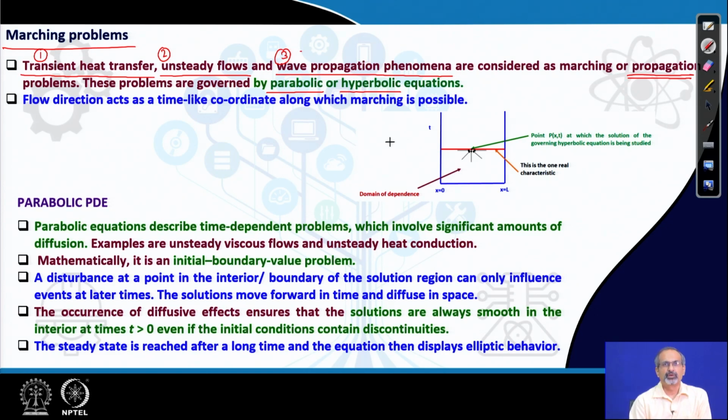And when you are talking about a flow problem, then the flow direction acts as a time-like coordinate along which marching is possible. So, you remember that the behavior of the parabolic partial differential equation, or for that matter all the three categories, was shown in the x t plane, where time was interpreted as the marching coordinate.